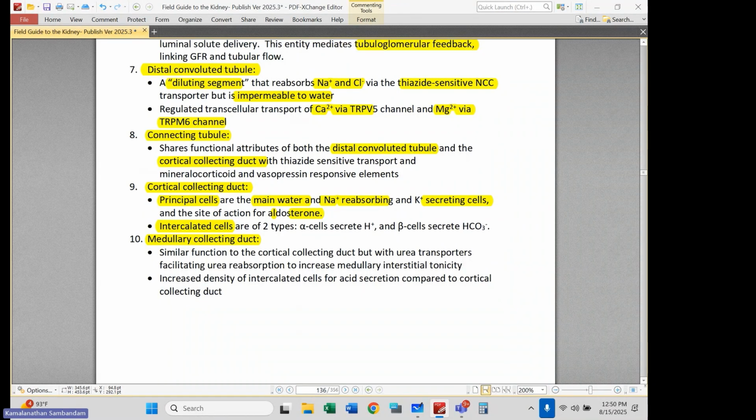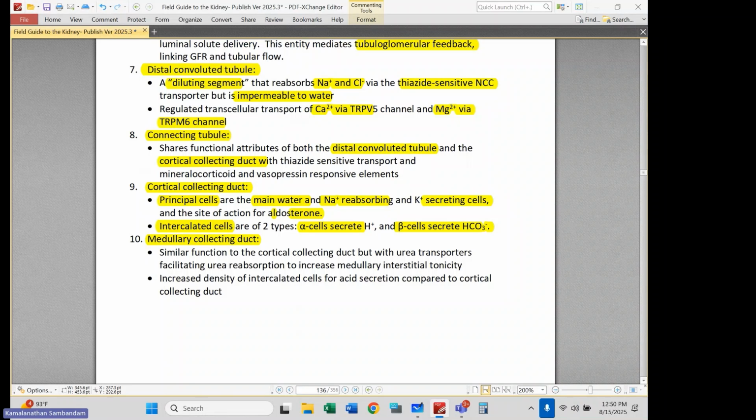So we have mostly alpha intercalated cells. If you're eating primarily a Western diet that is acid rich, most of your cortical collecting duct intercalated cells are the so-called acid secreting cells, or alpha intercalated cells. We do have beta intercalated cells that are base secreting cells.